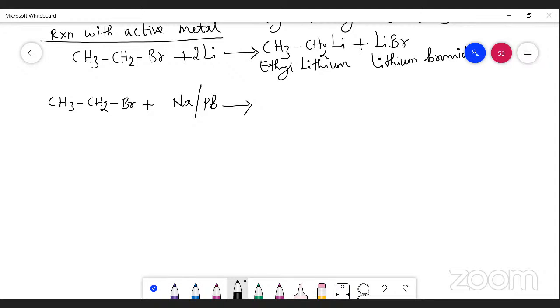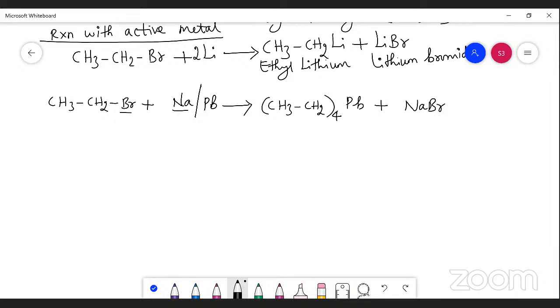Whenever ethyl bromide reacts with the lead, you will get a product like this: CH3CH2, 4 times, tetraethyl lead. And the sodium and the Br combine to give NaBr. This is your product.